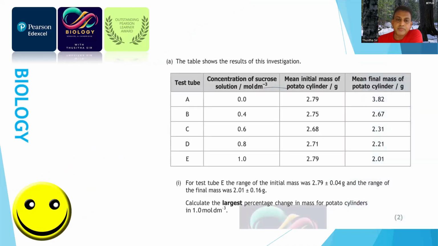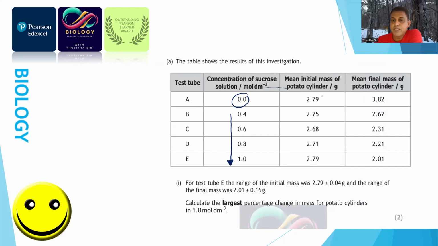Tube number A has 0 concentration of sucrose, that is the control because it's water, and then 0.4, 0.6, 0.8, and 1. So sucrose concentration increases in the tubes. Mean initial mass of potato cylinders measured in grams. The final mass of potato cylinders, again measured in grams.